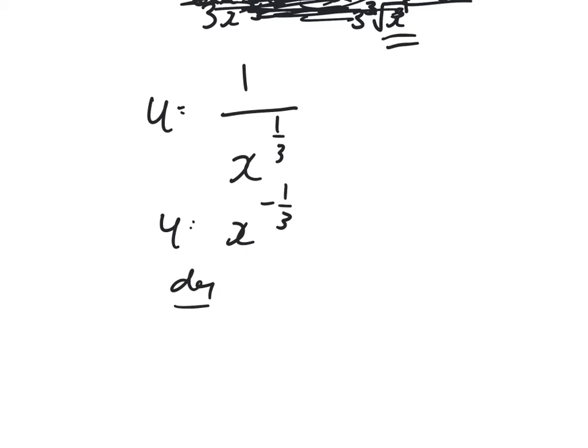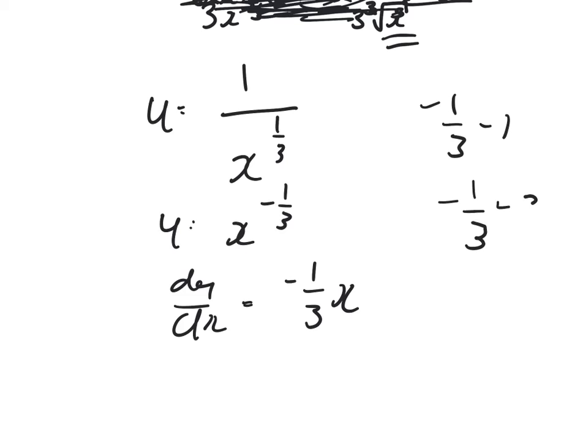Okay, so let's try y equals 1 over x to the 1/3. So that will be x to the minus 1/3. Bring the power down, multiply, take 1 away from the power, minus 1/3 x to the, well, minus 1/3 take away 1, minus 1/3 take away 3/3, which is minus 4/3.